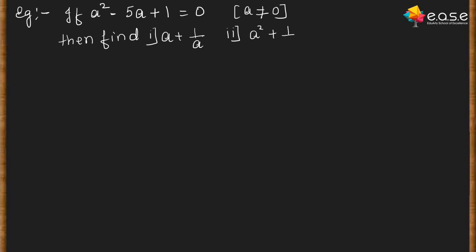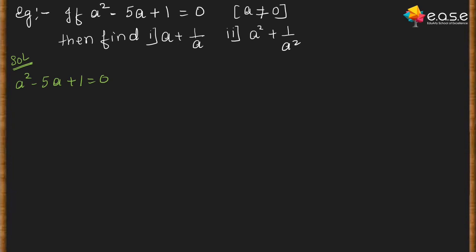Correct? Okay, now what is given to us? We have been given that a square minus 5a plus 1 is equal to 0. Okay, now if you divide both the sides by a, that means what will happen? You'll have a here also, and a here also.